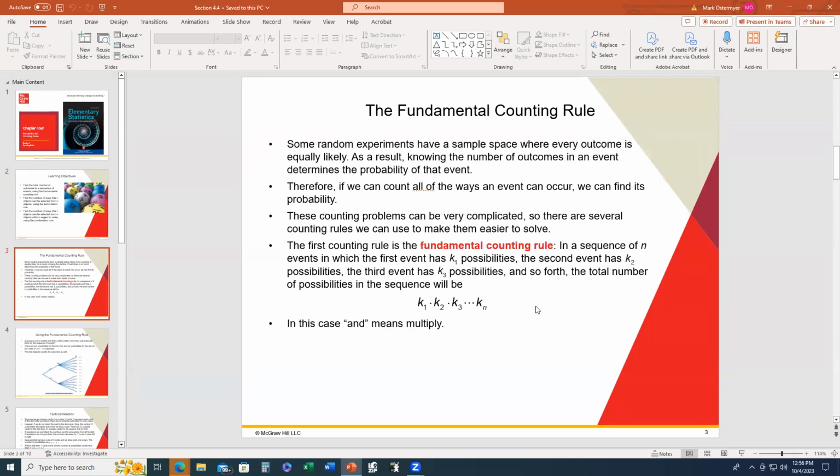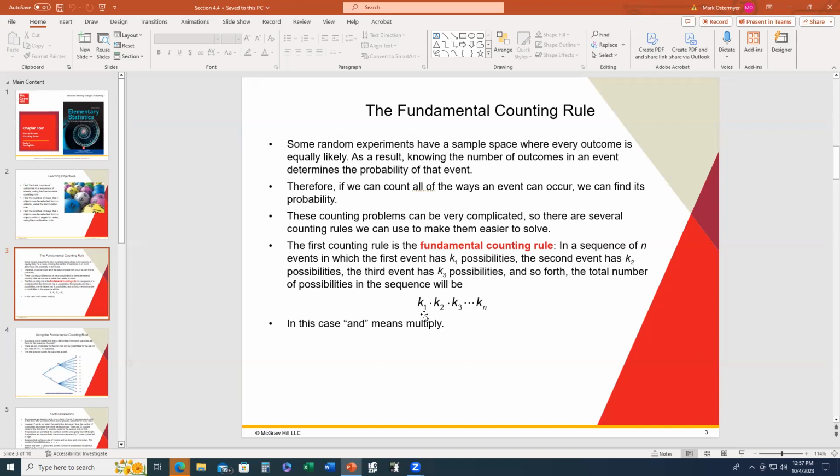All right, the fundamental counting principle or the fundamental counting rule here. Basically the fundamental counting rule says that in a sequence of n events, in which case the first event has k sub 1 possibilities of occurring, and the second event has k sub 2 possibilities of occurring, and the third event has k sub 3 possibilities occurring, and so forth, then the total number of possible arrangements in a particular sequence of these events can be computed by multiplying the individual possibilities of each simple event together.